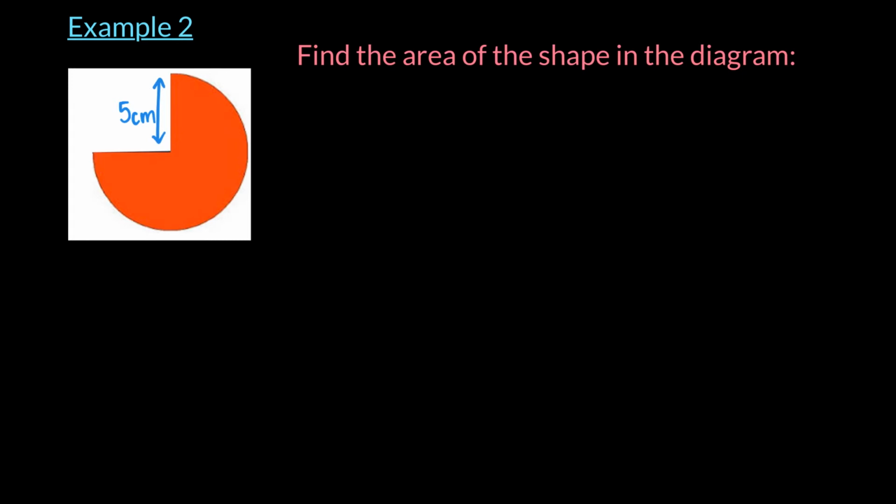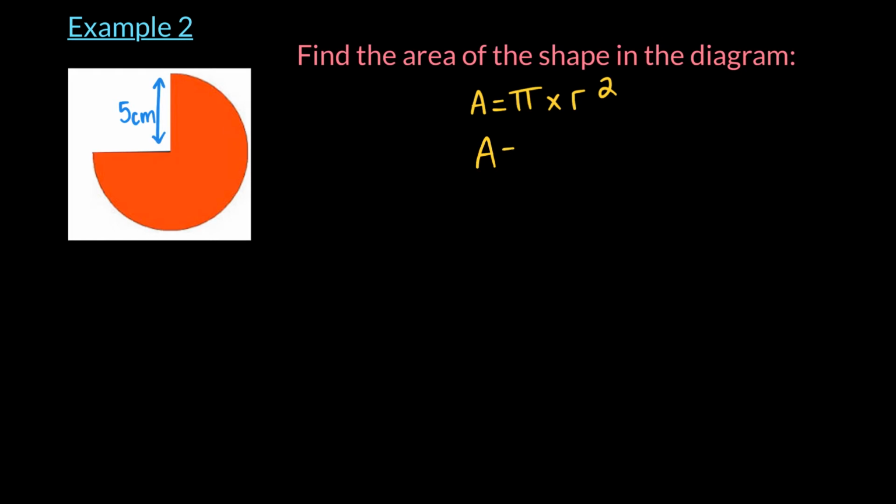So this example is a little bit different to the ones that we've seen before, but largely we're just going to progress in the same way, and then at the end we've got one step that's a little bit different. So we're still using the formula A equals pi times the radius squared, and this time our radius is 5 centimeters because you can see that the radius goes from the centre of the circle to the end of the circle like this 5 centimeters does here.